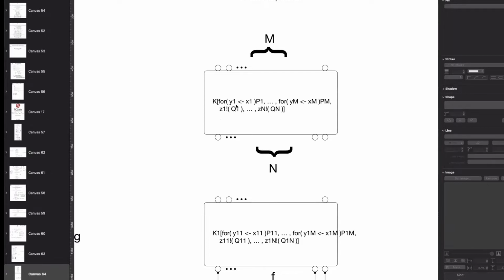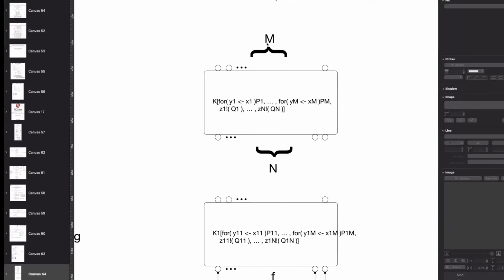That means there's an M plus N hole context K that's taking a for comprehension for each input and a send for each output.